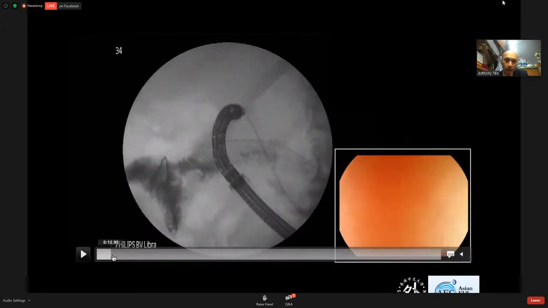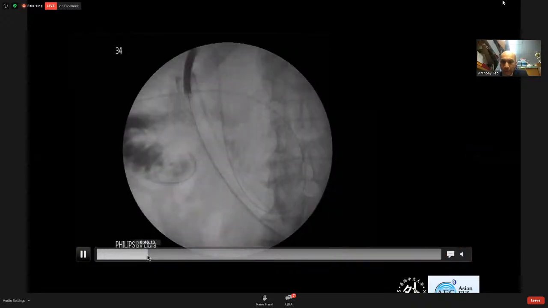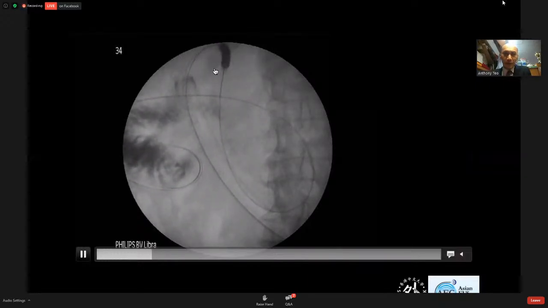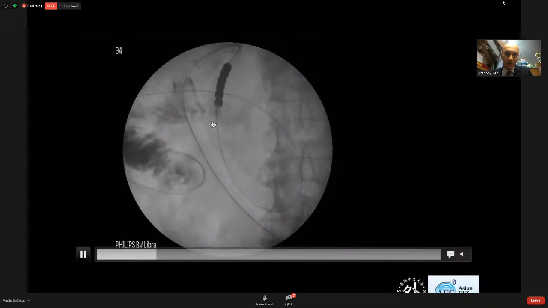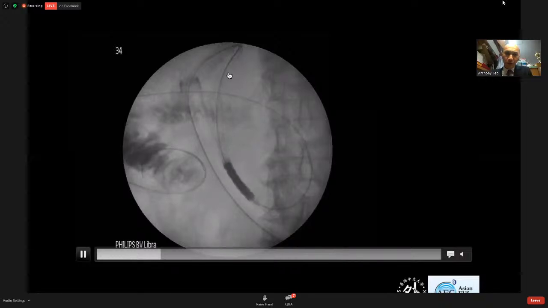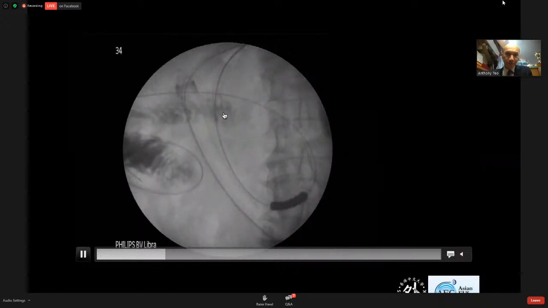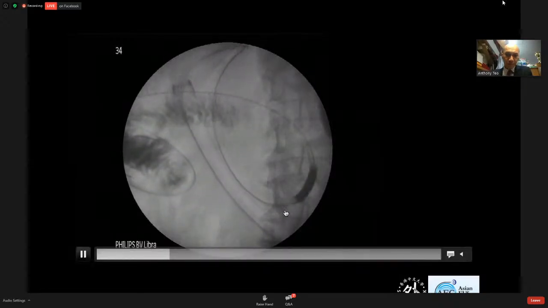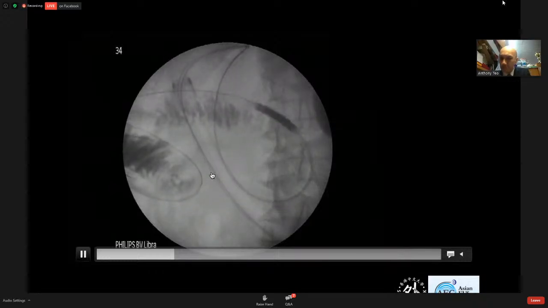And then I will remove my scope, and then I would insert a double balloon occluder. This is the tip of the device being pushed in. The tumor is here. You can see some resistance. The first mark is the mark of the first balloon, and this is the second mark of the second balloon.